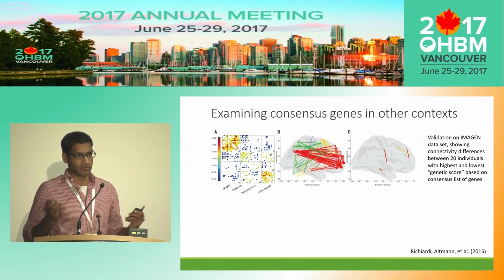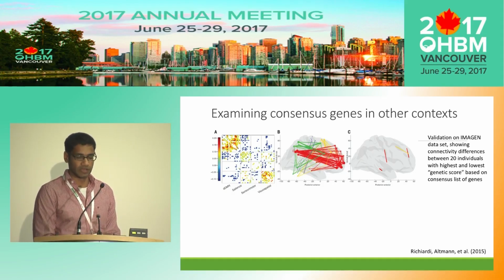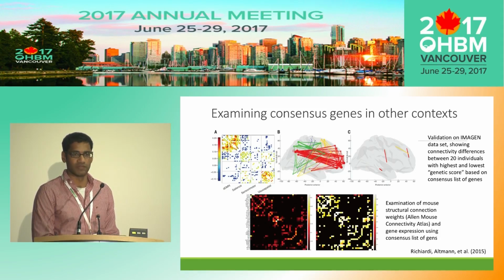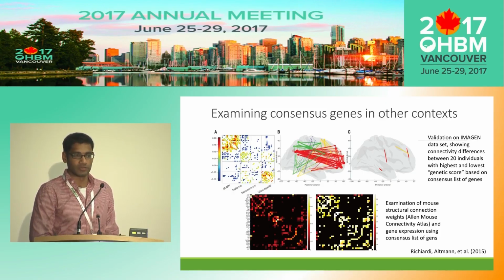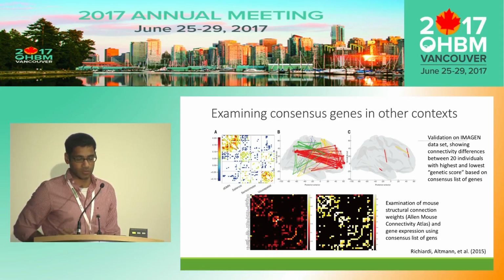So it's, again, a fairly global analysis, but the idea is to see if these genes have anything to do with connectivity. Finally, they also look in the mouse, which, as we've pointed out, is perhaps not the best model system for studying human disease, but it is useful for looking specifically at structural connectivity or functional connectivity in non-disease models.